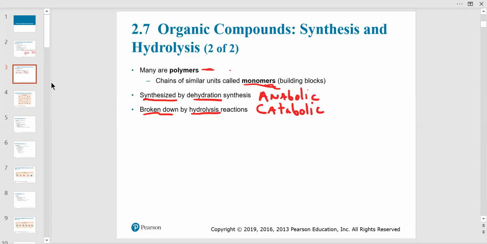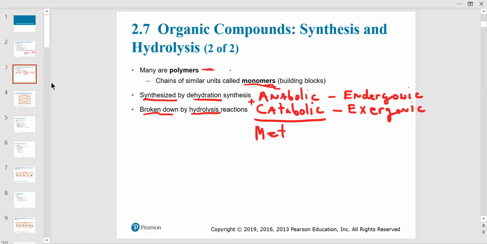So anabolic is usually endergonic. So that needs energy to put into it. Catabolic is usually releasing energy, exergonic, if that helps you. Okay, so if you add these two together, anabolic plus catabolic, you have the sum of all chemical reactions, which is metabolism. Straight up.